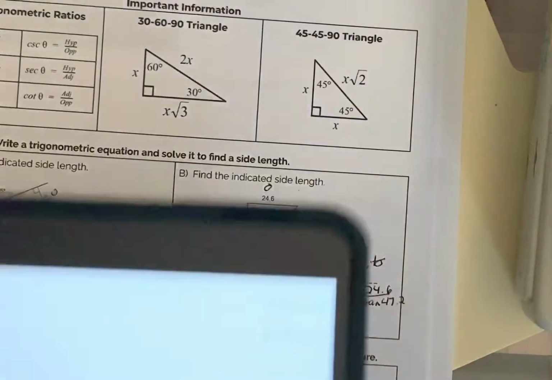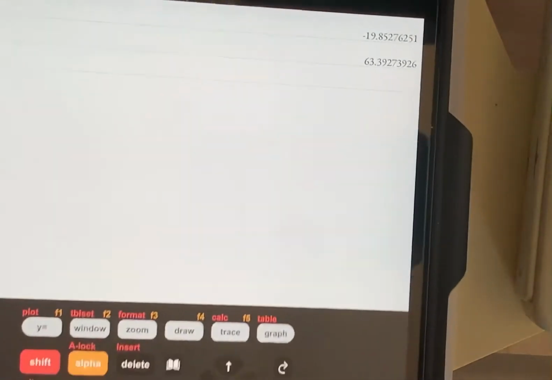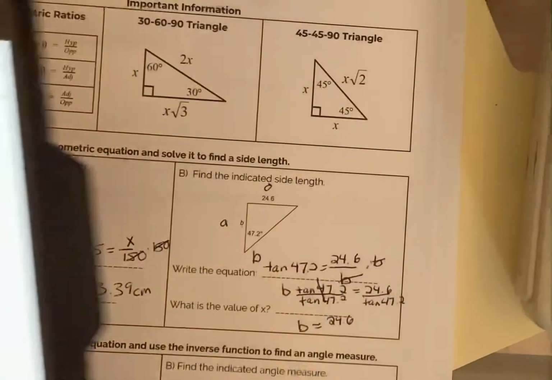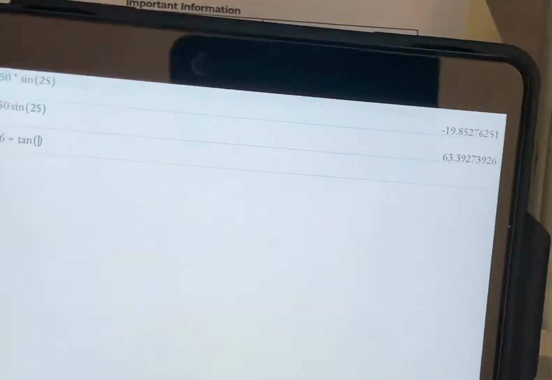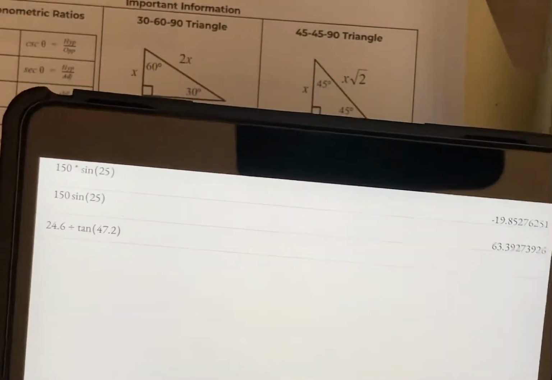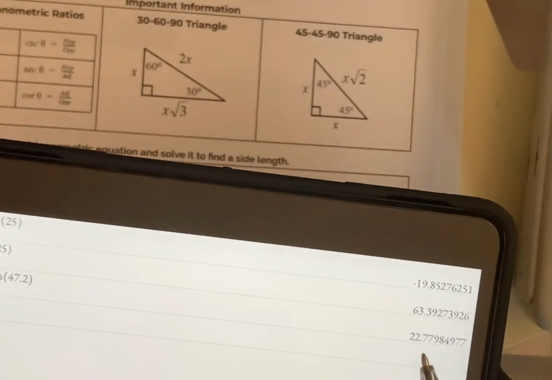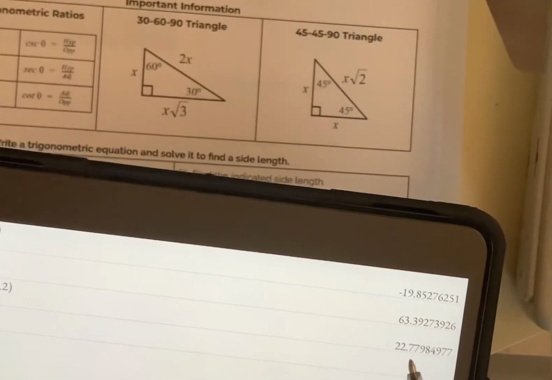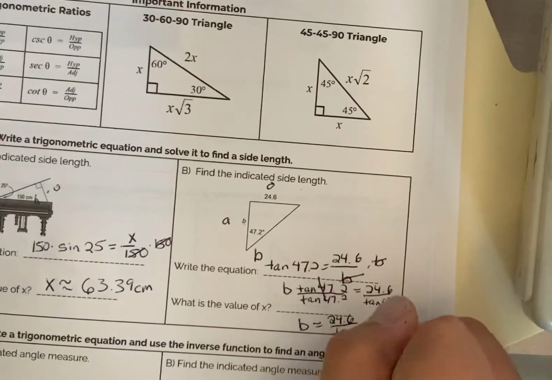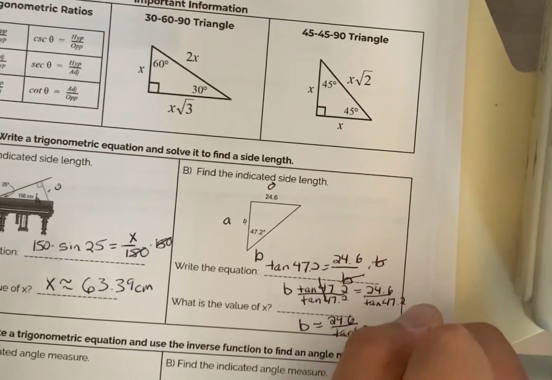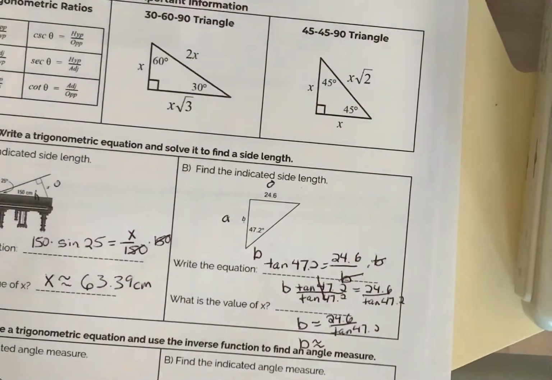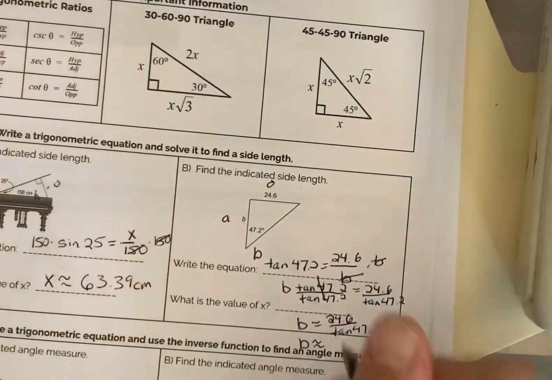As I get that approximation, I'm going to go 24.6 divided by the tangent of 47.2. And I get 22.779, so that would round to approximately 22.78 units.